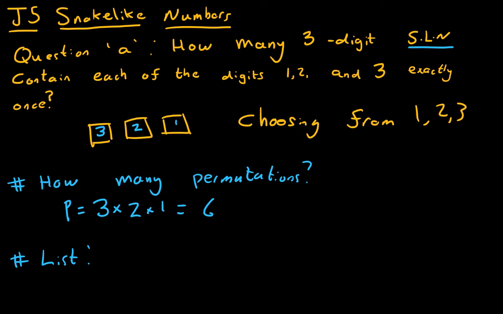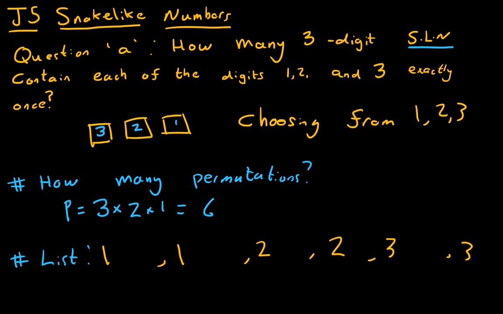When we list the permutations, we've got 3 numbers, so we can do a little calculation. 2 of the numbers are going to begin with 1, 2 of the numbers are going to begin with 2, and 2 of the numbers are going to begin with 3. So we've got 1, 1, 2, 2, 3, and 3.